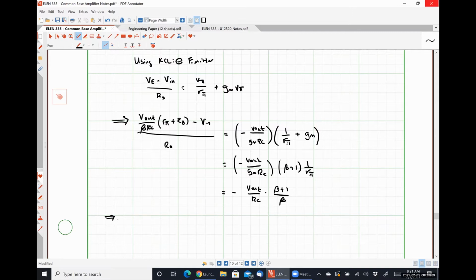So this will give me, let's move this down one so I don't run into trouble here, V out divided by beta RC RS times R pi plus RB. So when I divide this right here by RS, that's just putting that factor of RS into the denominator of that fraction, just to be clear there.